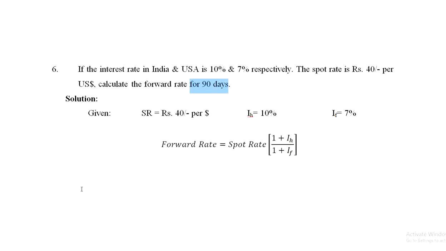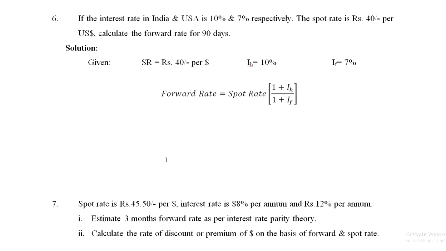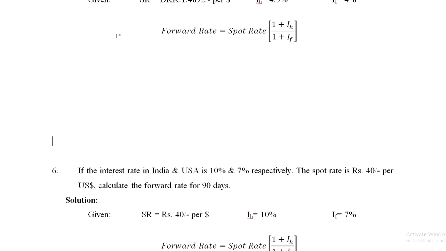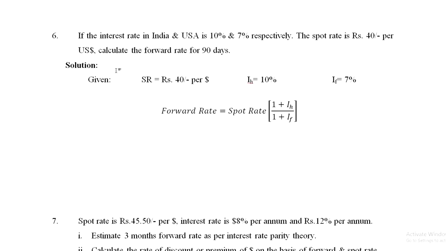There comes a twist. Earlier he said 3 months, and right now he is telling it as 90 days. The problem is similar, but instead of doing it for 3/12, here it is going to be 90/365, right? So that is how you have to solve this.